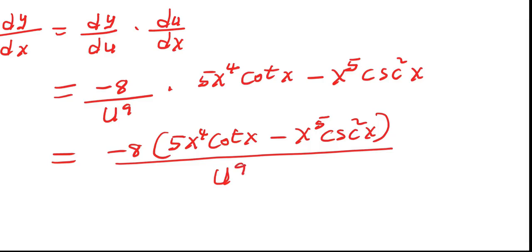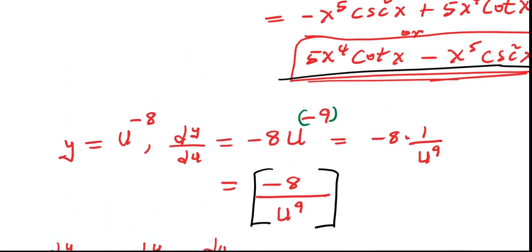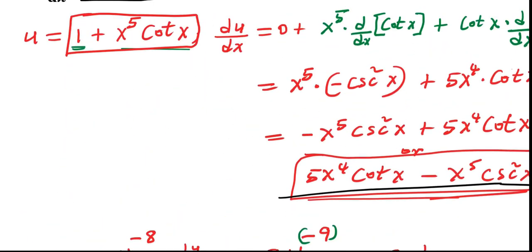So the value of u was stated earlier on. You can see the value of u here: 1 plus x to the 5th power cot x.